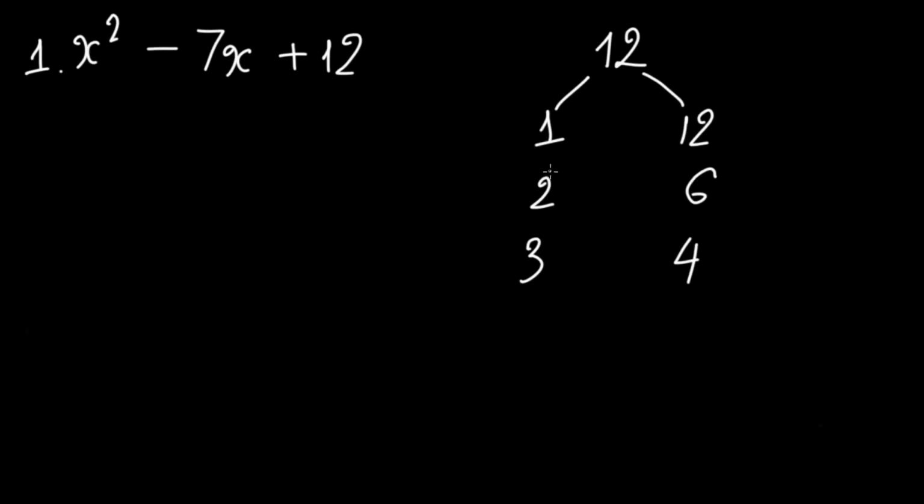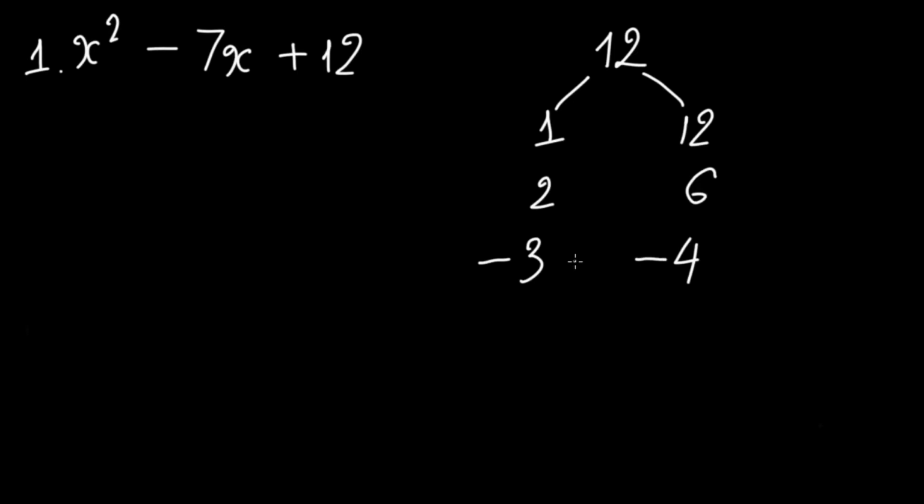We notice that these are positive numbers, right? When we add them together, like 3 and 4, 2 and 6, 1 and 12, we cannot get negative 7, right? So what I'm going to do is put negative 3 right here, and then negative 4.